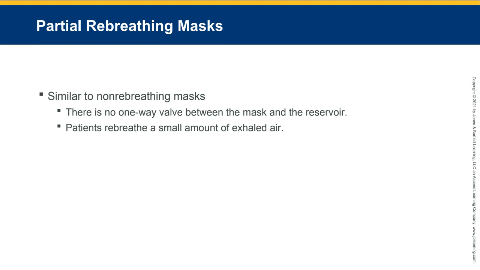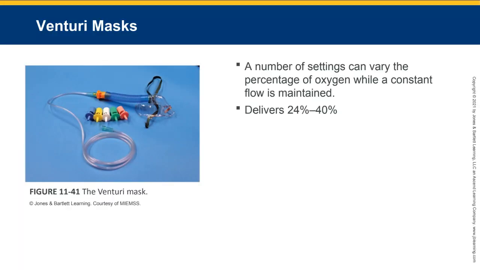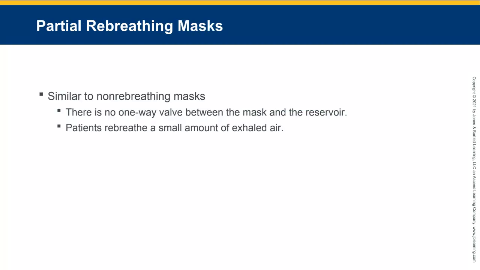So patients rebreathe a small amount of exhaled air. The partial rebreathing mask can run at 6, 8, or 10 liters per minute. Anything above that, you would be wasting the oxygen flow.